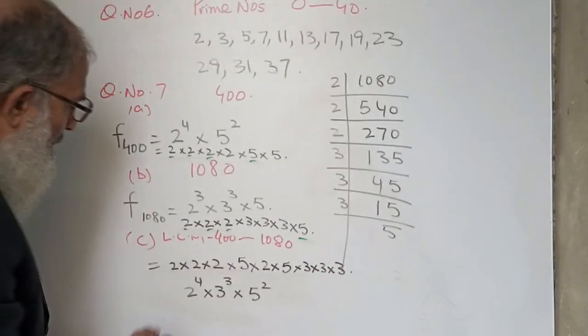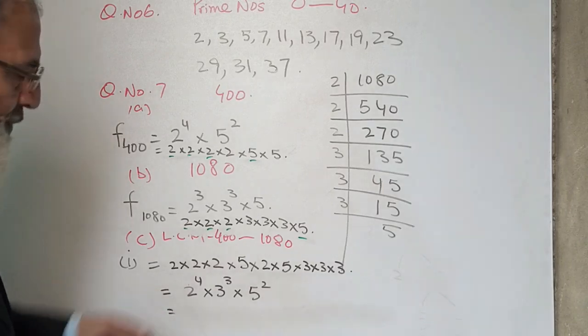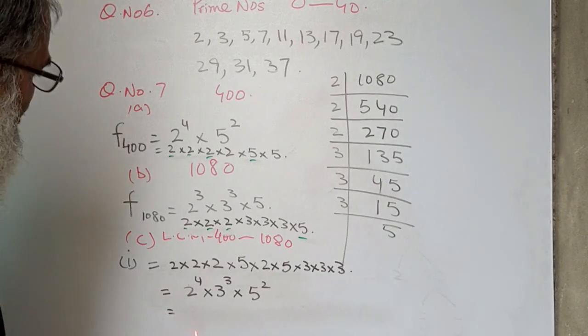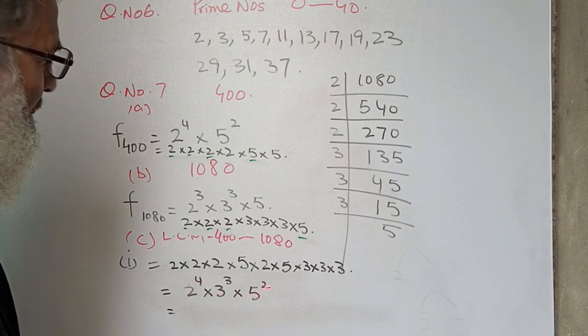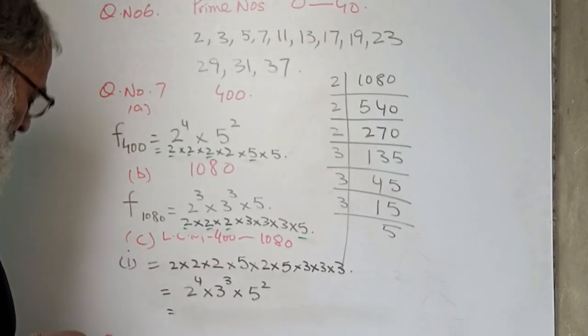Okay. So we have to write it in this form: 2 raised to power 4, 3 raised to power 3, and 5 raised to power 2.